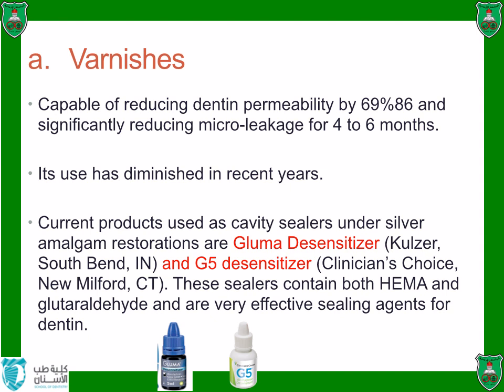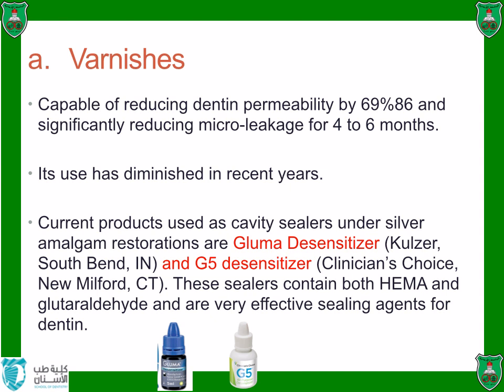Now, in a clinic, if you have a cavity preparation that needs something to seal the dentinal tubules under amalgam and you don't have those new materials, then you need to use the varnishes. Maybe in our clinic we still use varnish.